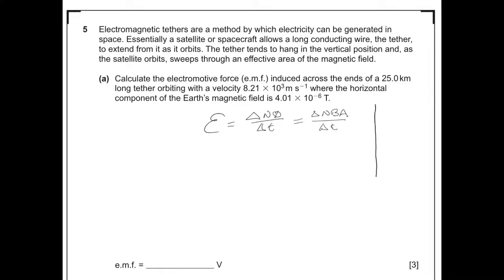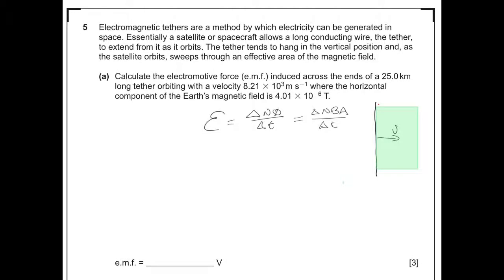So there's only one strand of wire, and it moves forward at a velocity so that it covers a certain area as it moves forward. So it sweeps out this area as it moves forward.